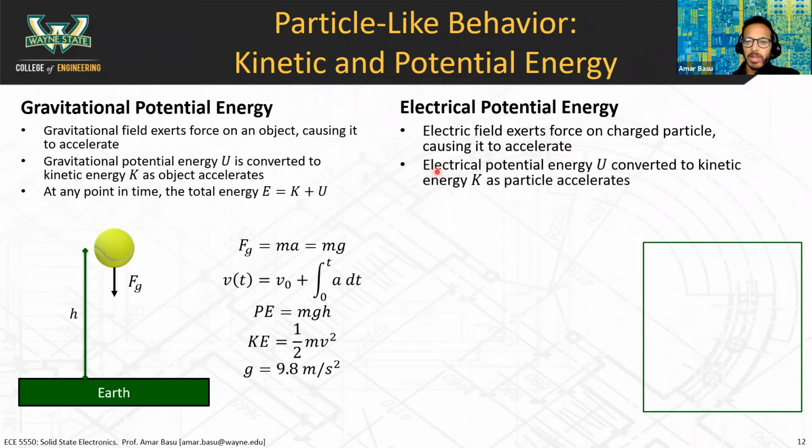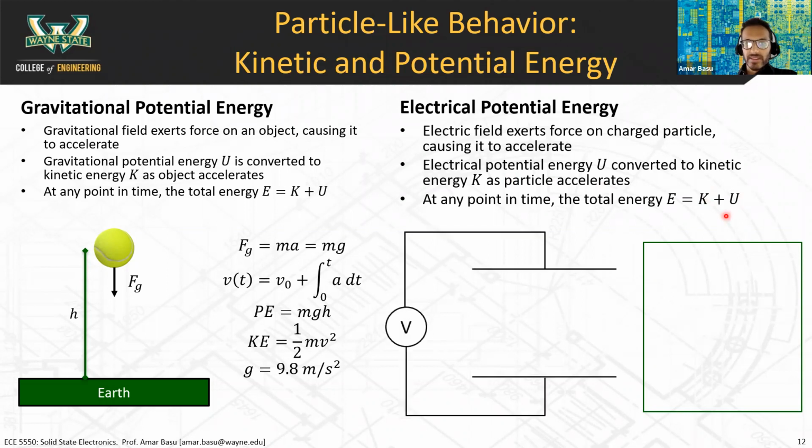Similar to before, electrical potential energy U is converted to kinetic energy K as the particle accelerates. Same concept. At any point in time, the total energy E is equal to K plus U. K is the kinetic energy, U is the electric potential energy.